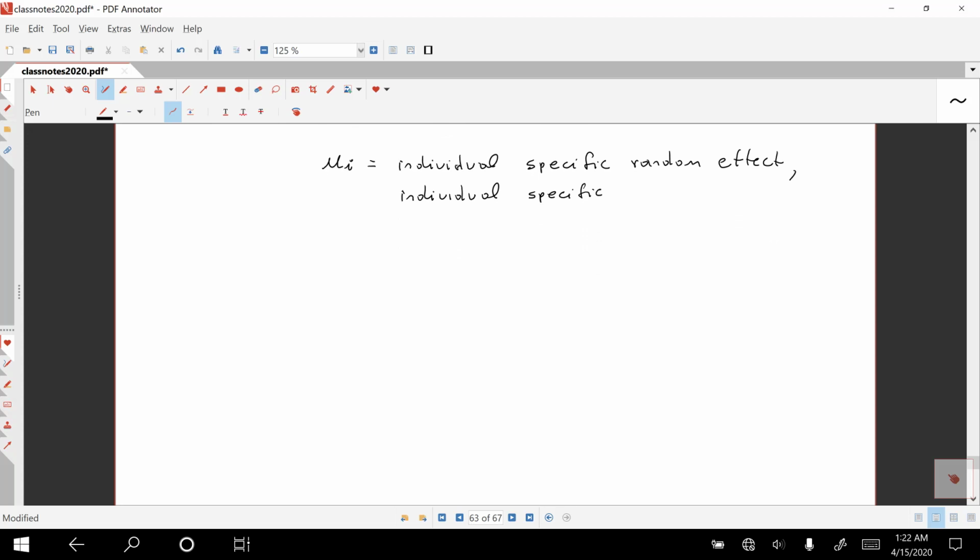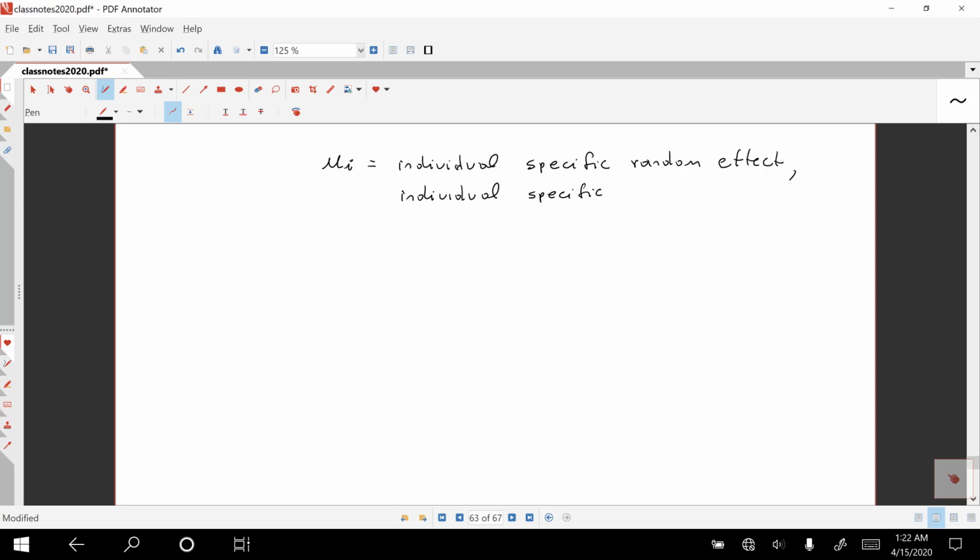Now, the other difference is the assumption regarding the correlation between those unobserved time invariant factors and the explanatory variables.